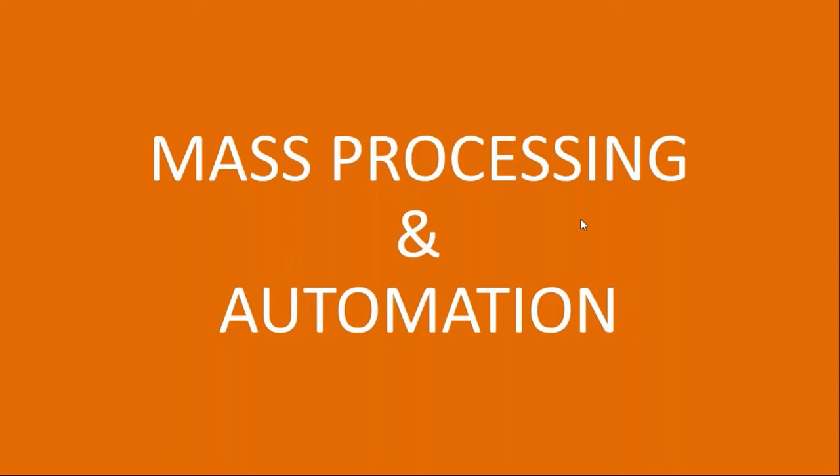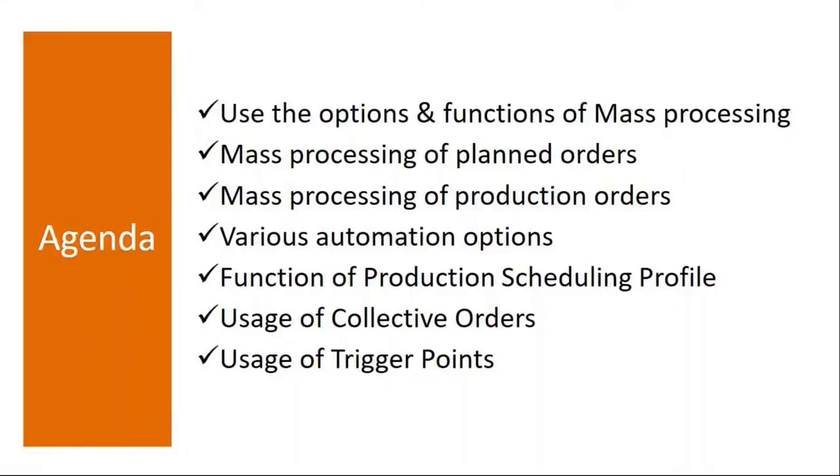Yeah, we'll be starting our next topic, that is mass processing and automation. The topics that we are going to cover: we will see the options and functions of mass processing of planned orders, mass processing of production orders, and various automation options available.